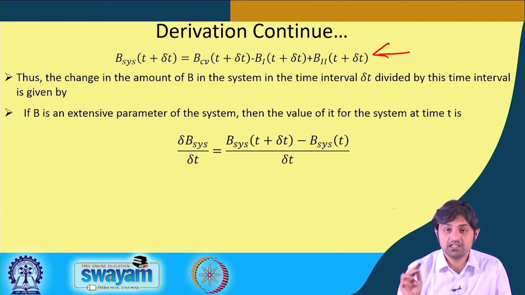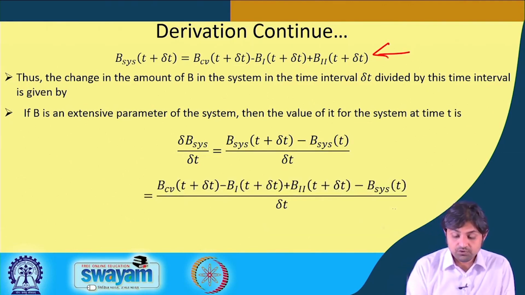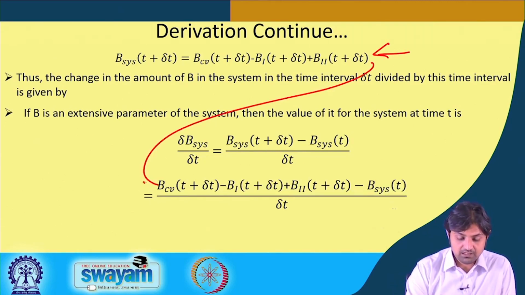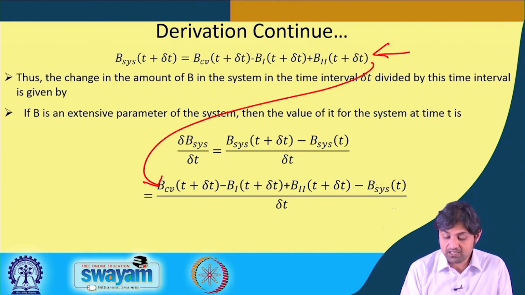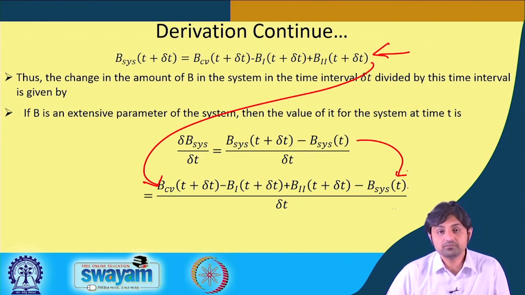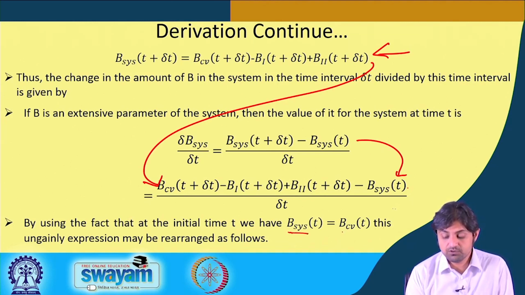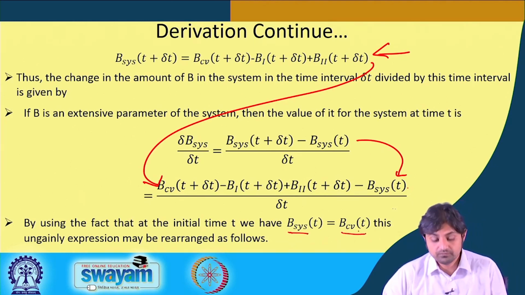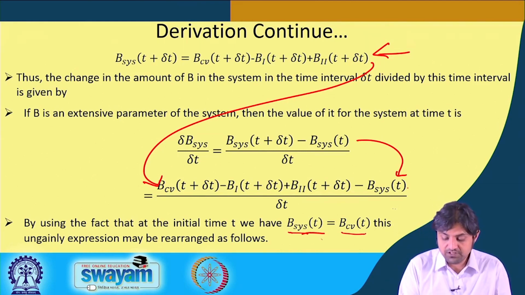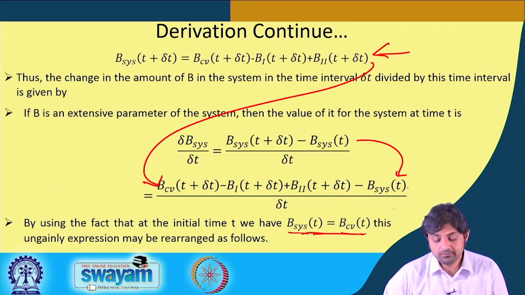B system at t plus delta t is coming from here, minus B system at t. This remains the same, by using the fact that at initial time t we have B system at t equal to B control volume at t. This is what we saw in the last slide, correct.